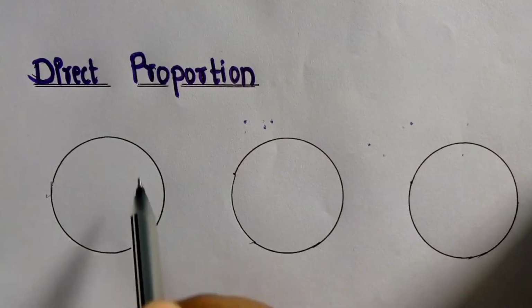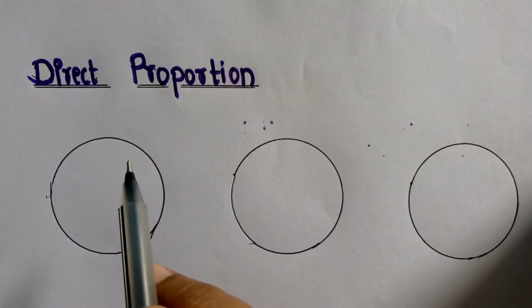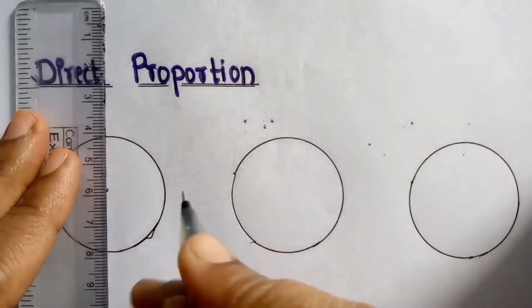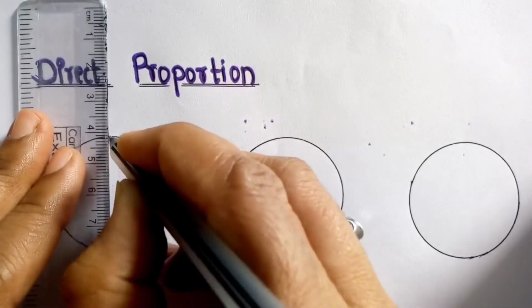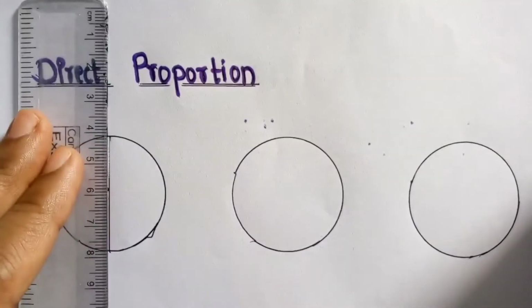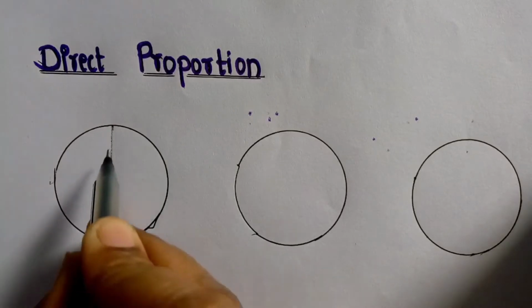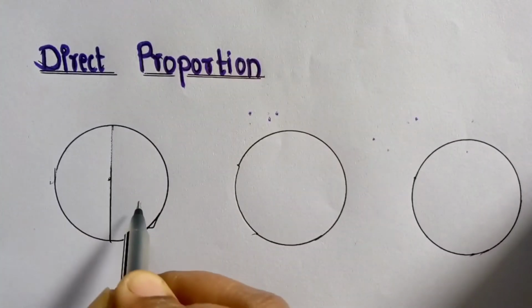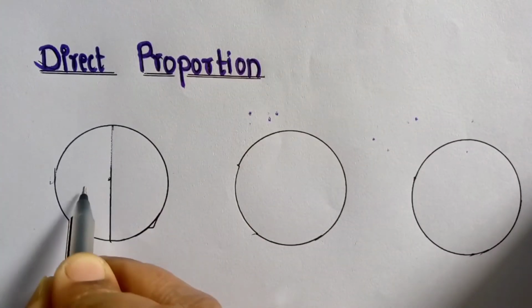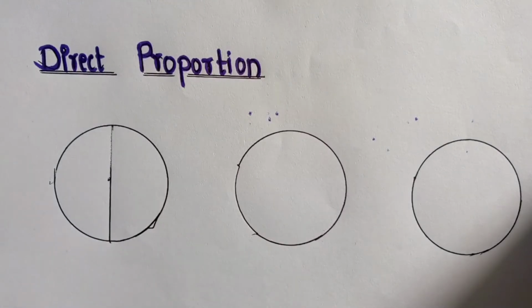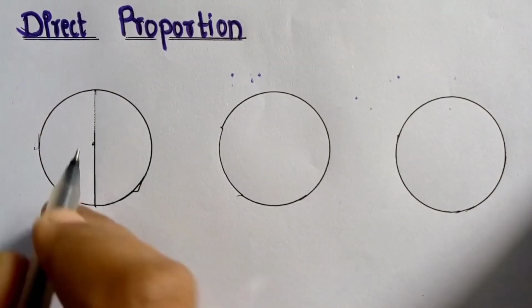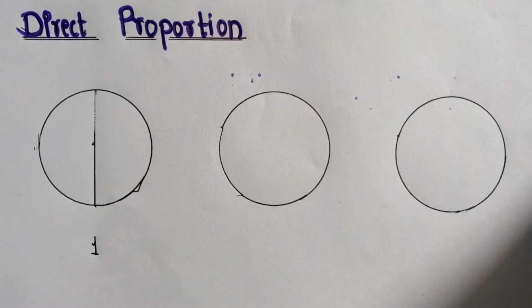Suppose this is a circle, and if I draw one line through the center, it is a diameter. This one diameter makes two parts of the circle.